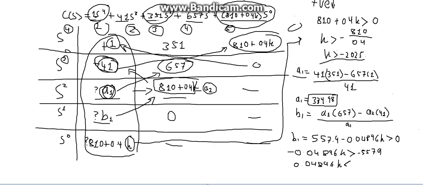So therefore it's less than 557.9, and the signs change on both sides. Therefore k is less than 11,395. Yep. Alright.